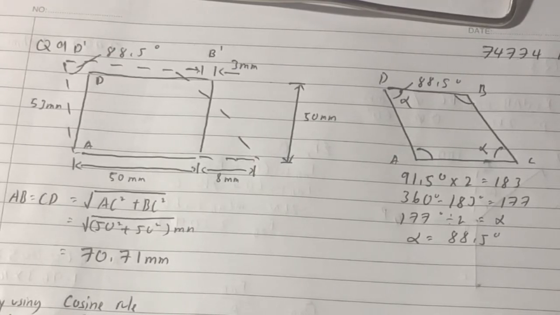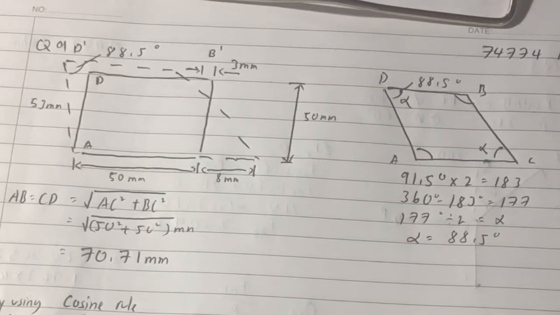So we know that it is a rhombus, so the one at the bottom is 91.5 degrees, and automatically the top is also 91.5 degrees. The total of all the angles inside is 360 degrees. So we can solve from theta at D and C, which are the same. So the theta of CD is equal to 88.5 degrees.